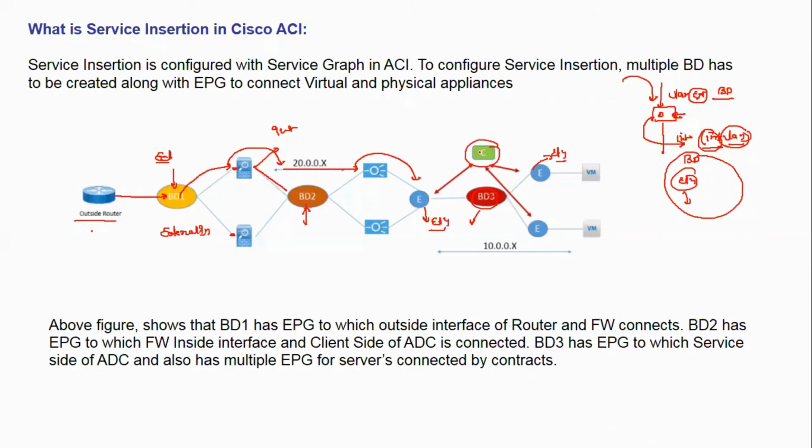So this is a very plain and simple service insertion technique in the ACI. It's just like you have a load balancer with an external interface and an internal interface. The external interface will be in the external bridge domain, and the internal interface will be in the internal bridge domain.